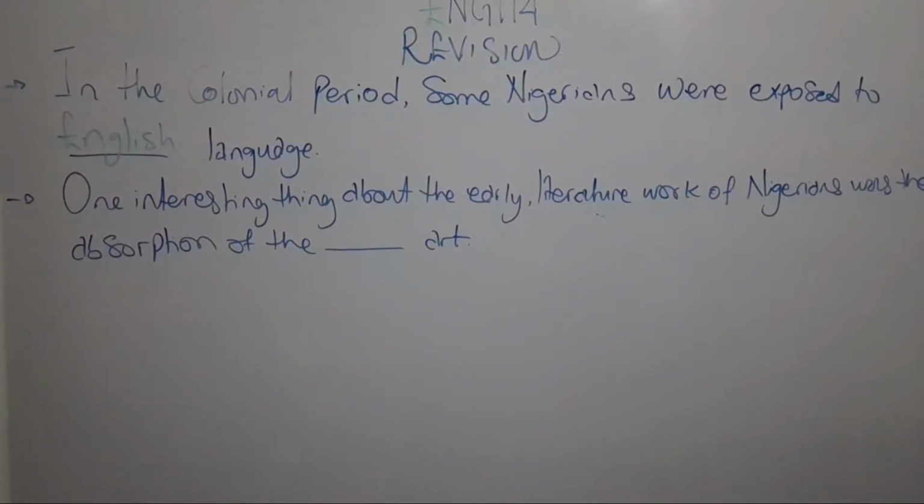But there's something that made the literature work of Nigerians different. And what is that thing in particular? That is what this question is about. I can see some interesting stuff on the comment section. Oral. Wonderful. Thank you very much for that. So we have oral as our answer.